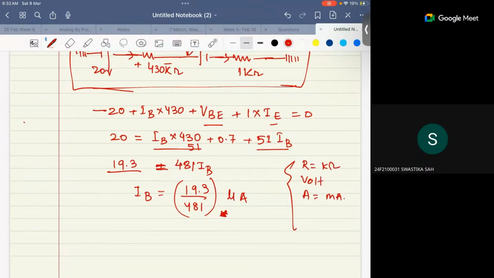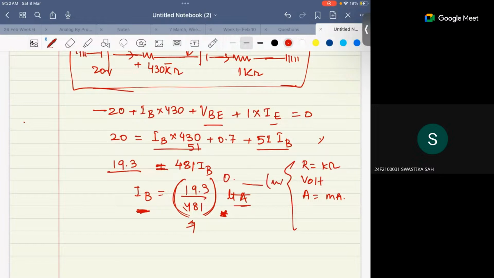But here, whatever value you're getting is very small. So you don't write 10 to the power minus 3 or 10 to the power 3 everywhere. The base current you will mostly get in the form of microampere. And here also if you divide, you will get something like 0 point some value milliampere.